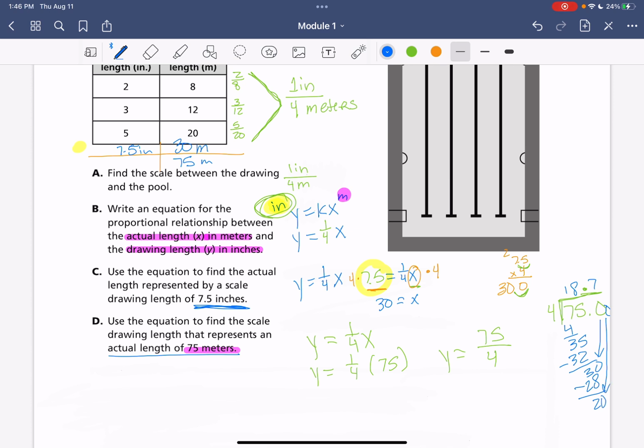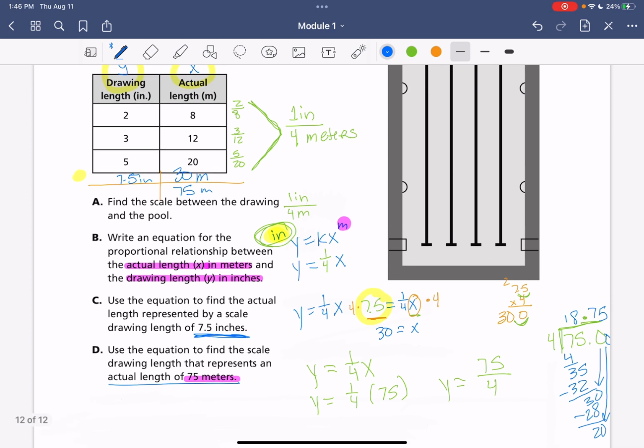And 4 goes into 20 nice and evenly 5 times. So when we have an actual length of 75 meters, the scale drawing will be 8.75 inches. So going back up to our table here, we can plug in our 8.75 inches.